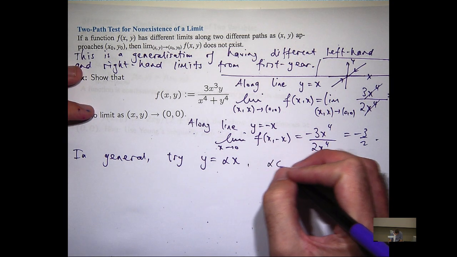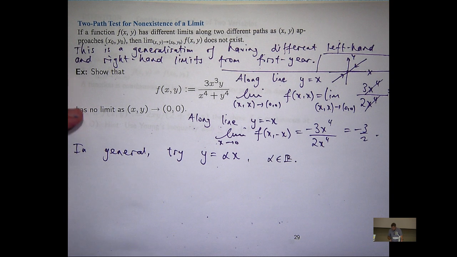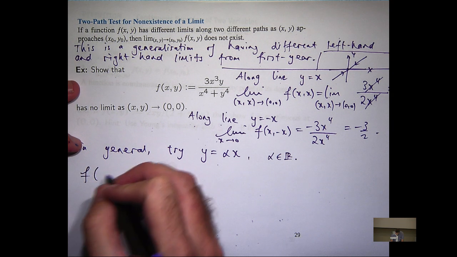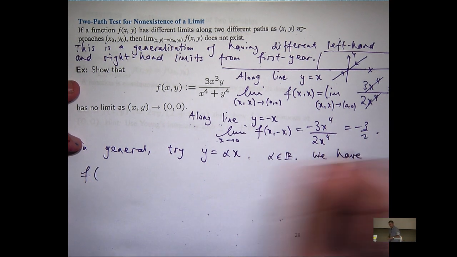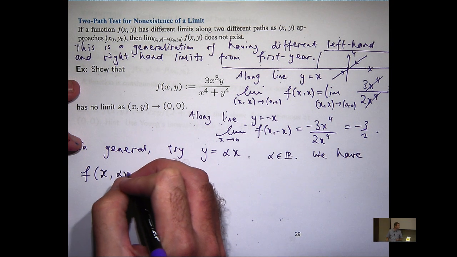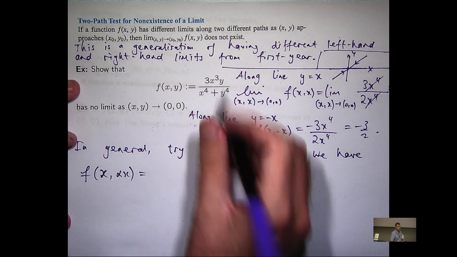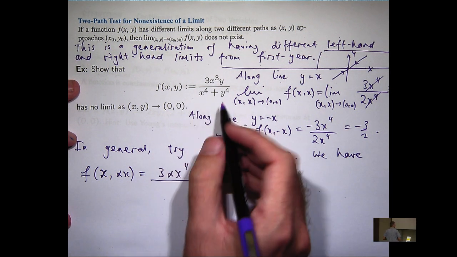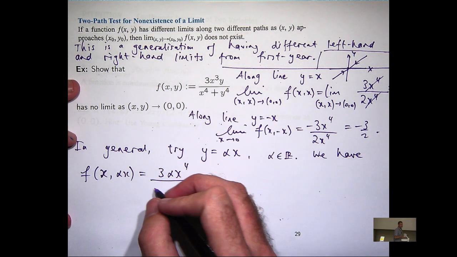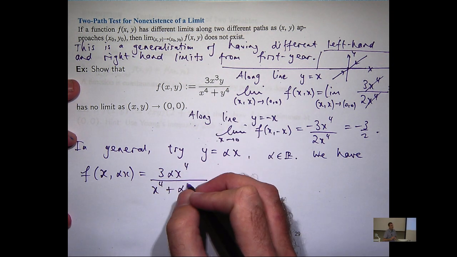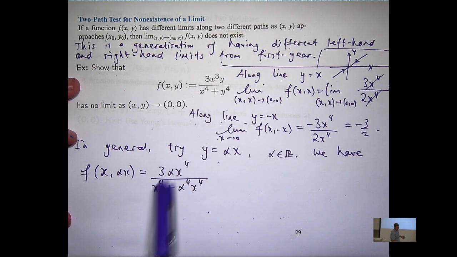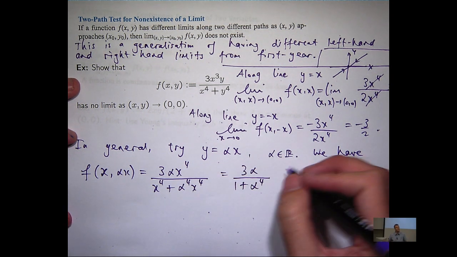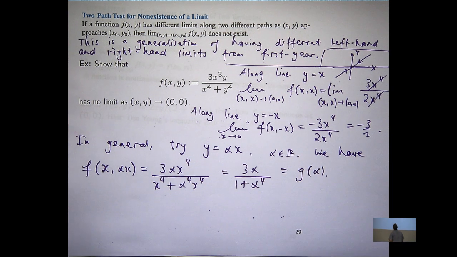So here alpha is just a constant. So f of x comma alpha x. Up here, we're going to get something like 3 alpha x to the 4th over, now that becomes alpha to the 4th x to the 4th. So I can cancel off the x to the 4ths. And in particular, it's a function of alpha.